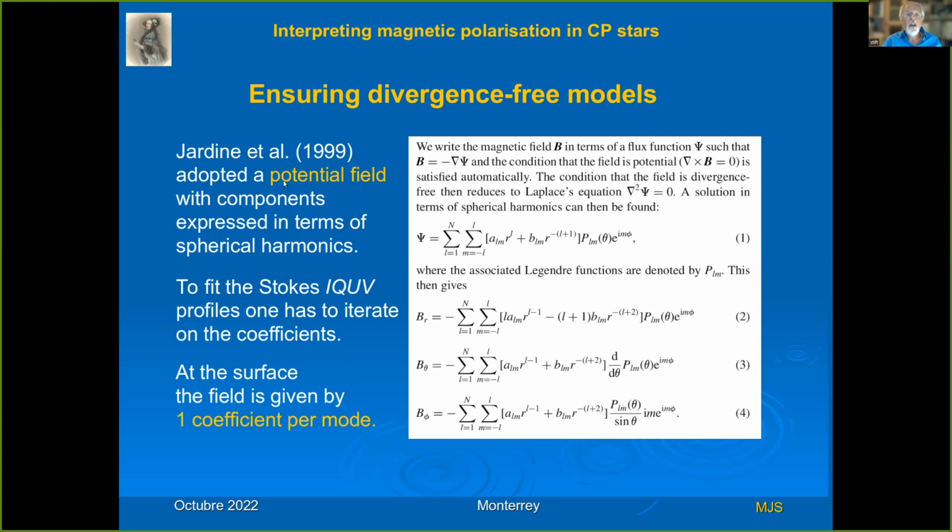That's Jardine et al., who introduced the potential field and everything expressed in terms of spherical harmonics. And to fit the profiles, you have to iterate on the coefficients until everything fits. And what you need, as you see here at the surface, with R equals 1, you have 1 coefficient per mode. So that's feasible, that has been done.